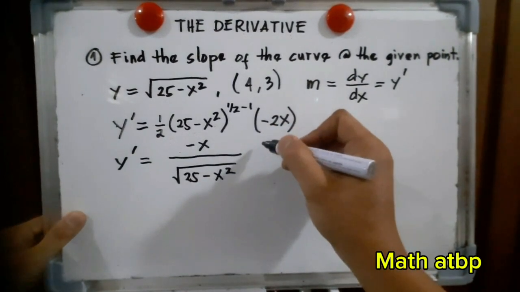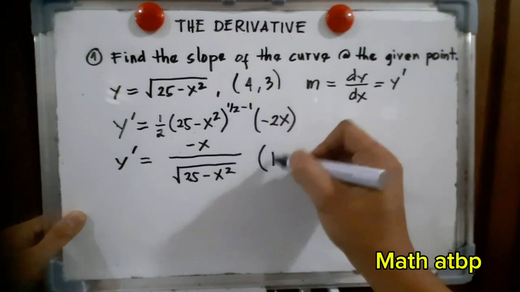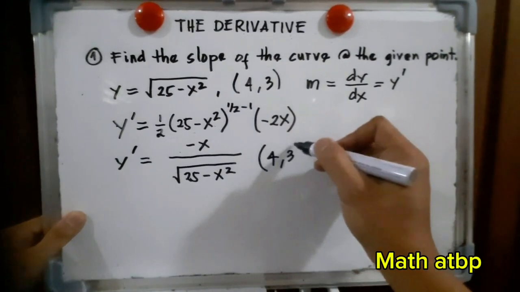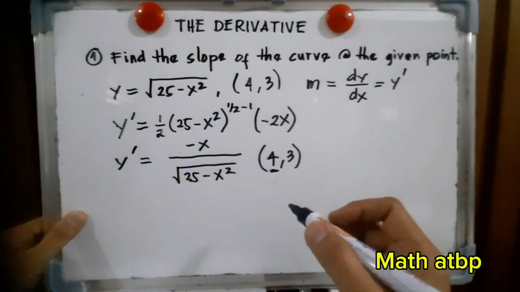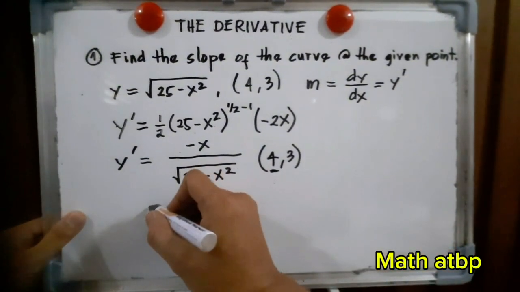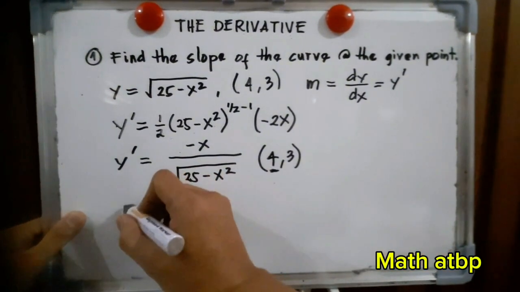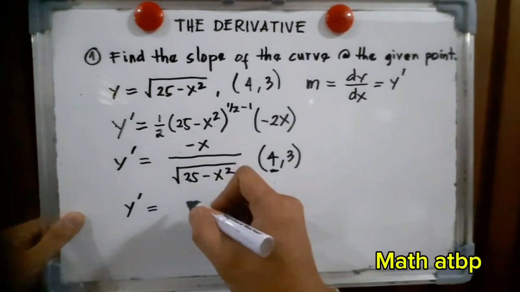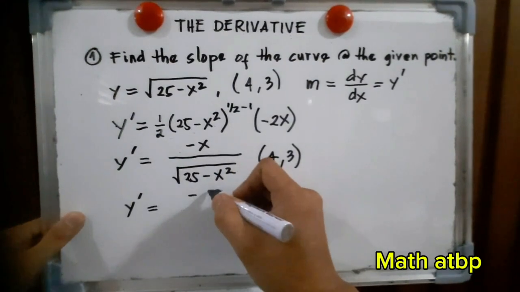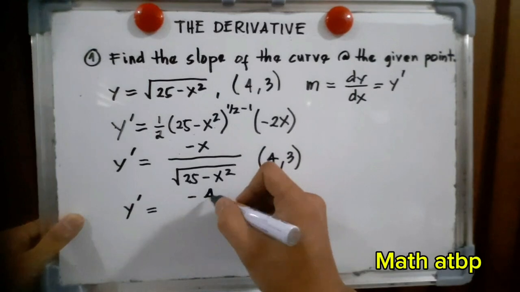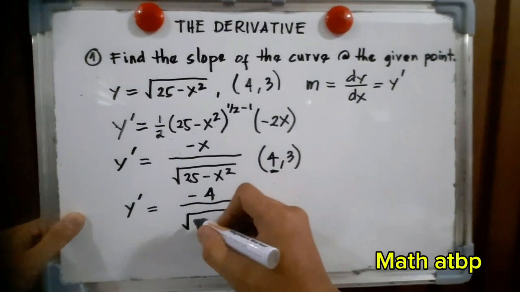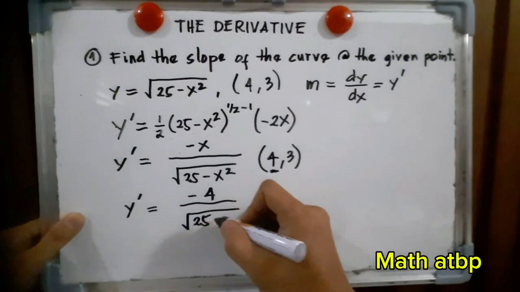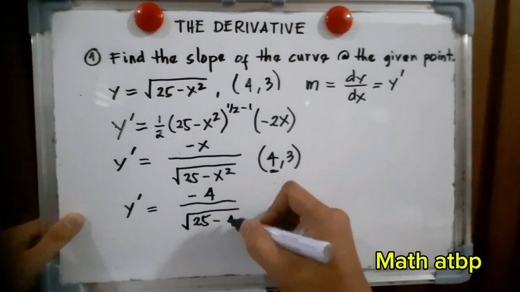Since we are asked to find the slope at the point (4, 3), let us substitute the x coordinate. So y prime, or the slope, is equal to negative 4 divided by the square root of 25 minus 4 squared.